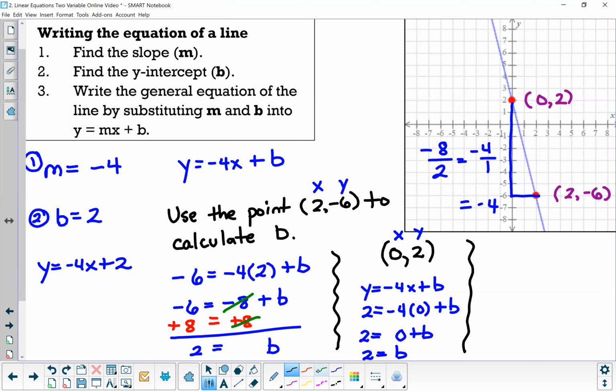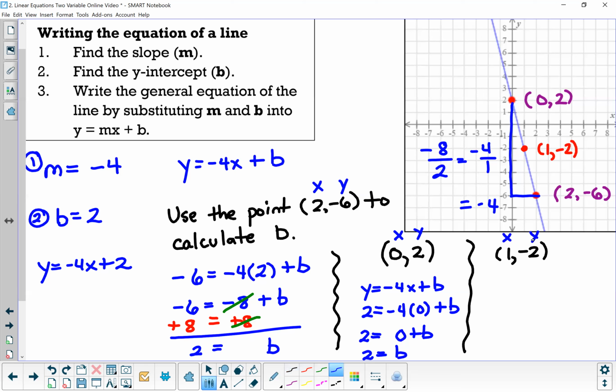Let's pick a point, this point right here. This is 1 comma negative 2. What if I would have used that point? 1 comma negative 2. I'll use that for x and y to try to find my b value.